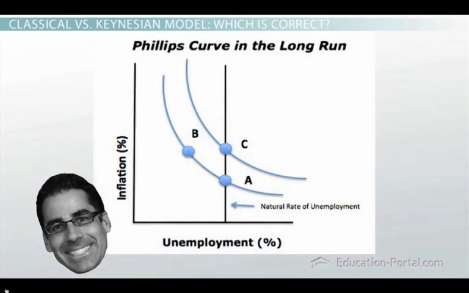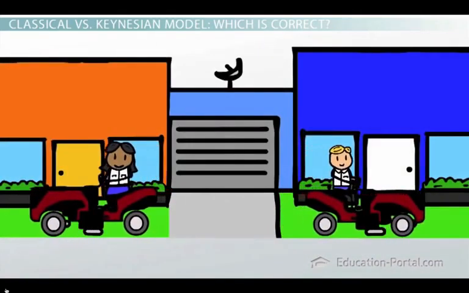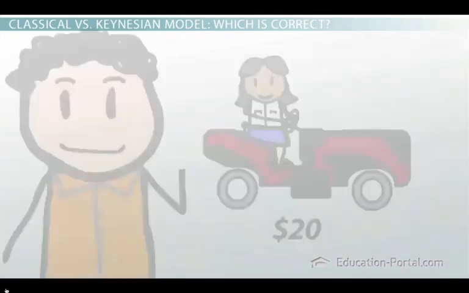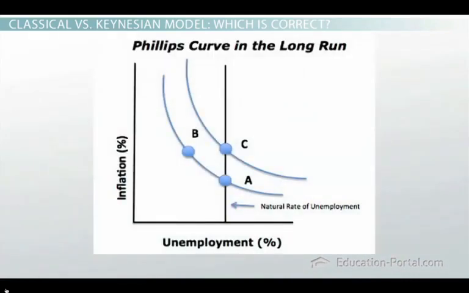So we have two models of economic growth. The classical model says that the economy is at full employment all the time, and that wages and prices are flexible. The Keynesian model says that the economy can be above or below its full employment level, and that wages and prices can get stuck.